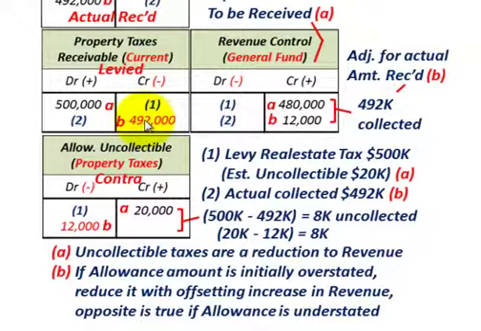In this case, we actually received more than we initially expected by $12,000. So in our allowance for uncollectible accounts, we had to debit it by $12,000. The initial amount was $20,000, and the credit had to go to the revenue control account.